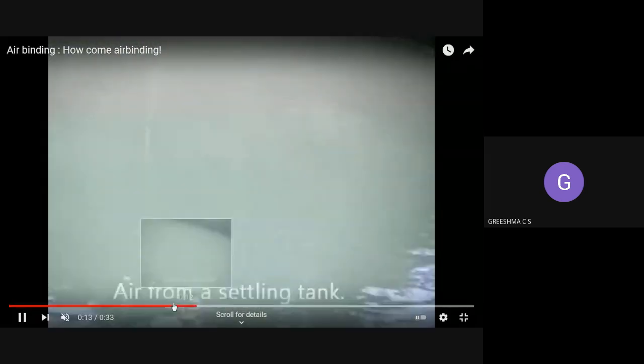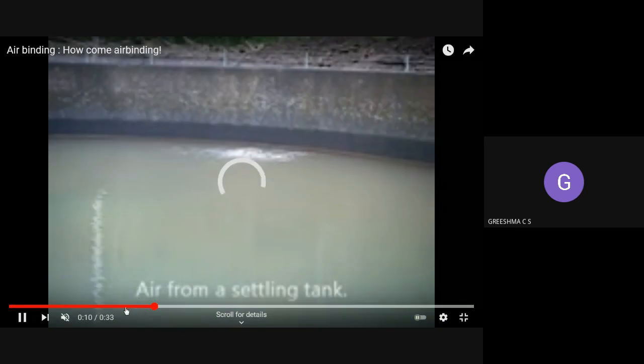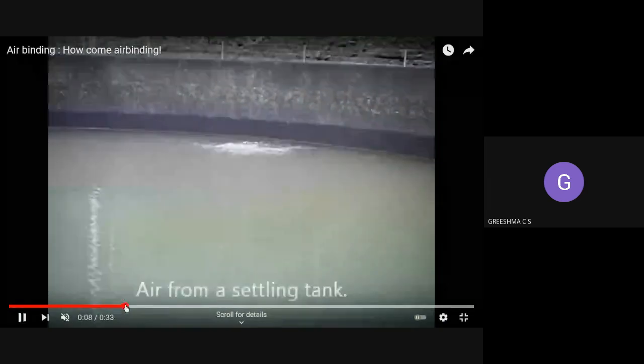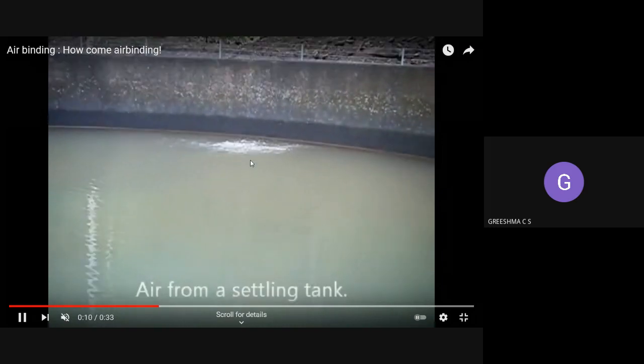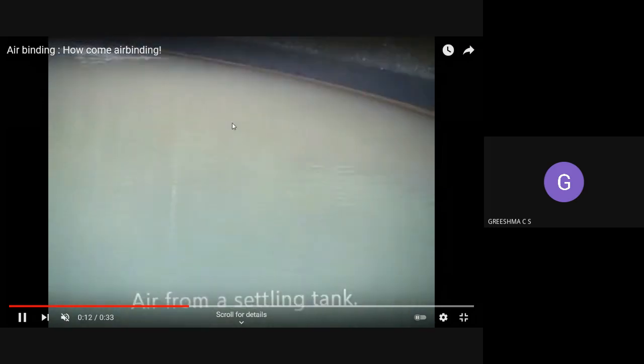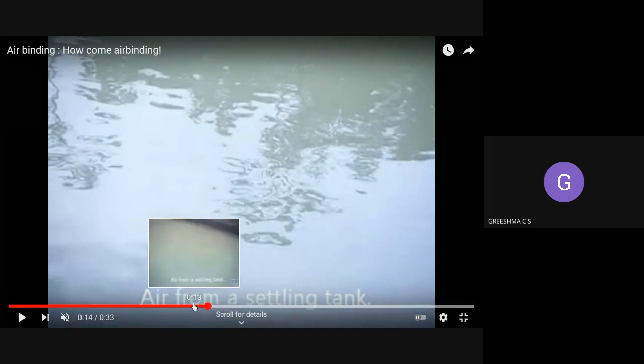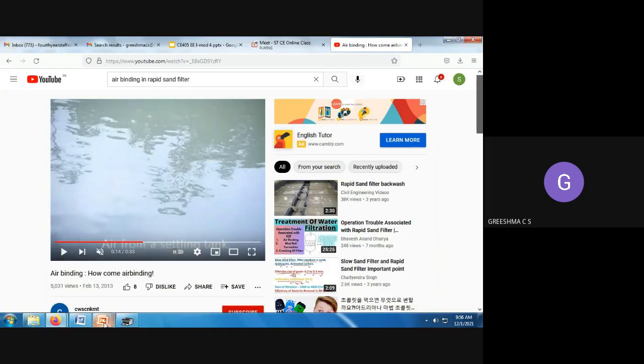You can see from this video. Okay, see, because of that negative pressure, there will be a dissolved gas like this. Okay, so because of these dissolved gases, അതെല്ലാം കൂടെ ഫിൽറ്റർ ബെഡ്, അത് സാൻഡ് ഗ്രെയിൻസിൽ പോയിട്ട് ഈ ബബിൾസ് ഒക്കെ പറ്റി പിടിച്ചിരിക്കും. So because of that, the filtration will be reducing. Rate of filtration will reduce.